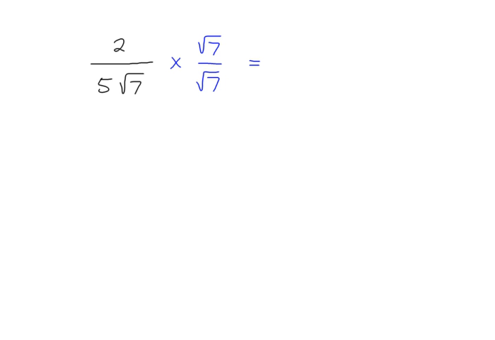So multiplying the numerators, that's 2 times root 7, and then multiplying the denominators, root 7 times root 7 is just 7, and 7 times 5 is 35. Okay, so I'm multiplying like this. Root 7 times root 7 gives 7, and that 7 times 5 is 35. So once again, the denominator has been rationalized.